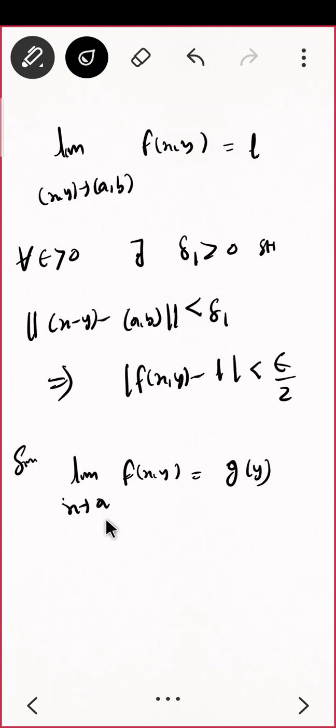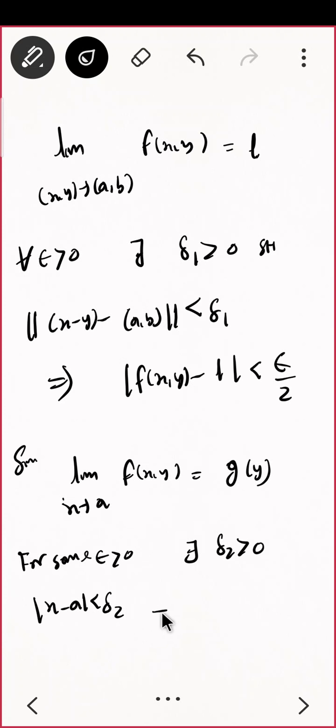So you will write, for the same epsilon positive, there exists a delta 2, correct? And what is the definition? Mod of x minus a less than delta 2 implies mod of f of x, y minus g of y is less than epsilon by 2, let us take, correct? Yeah.